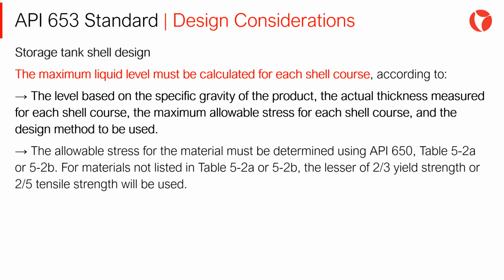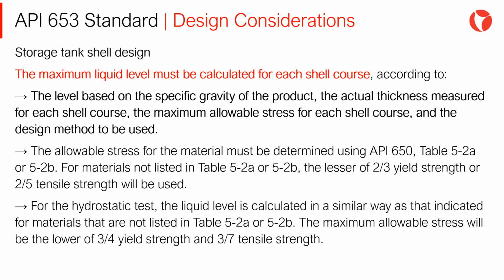The allowable stress for the material must be determined using API 650, tables 5.2a and 5.2b. And for the hydrostatic test, the liquid level is calculated in a similar way as that indicated for materials that are not listed in tables 5.2a and 5.2b of the API 650 standard.